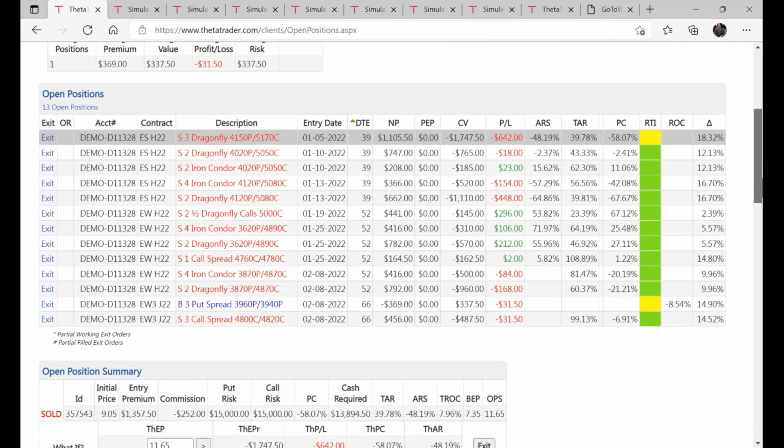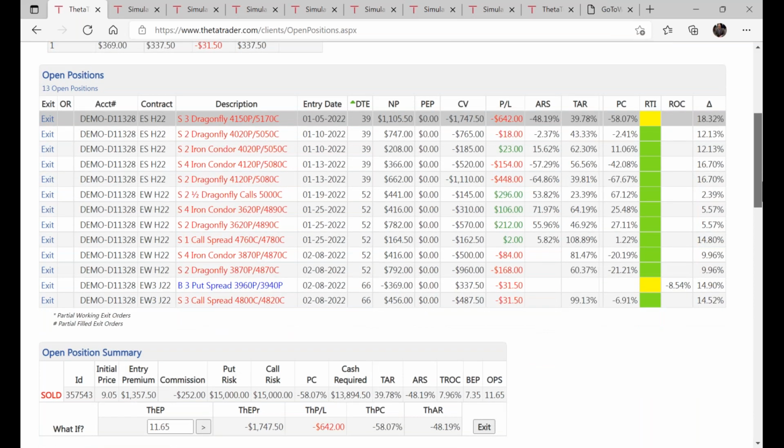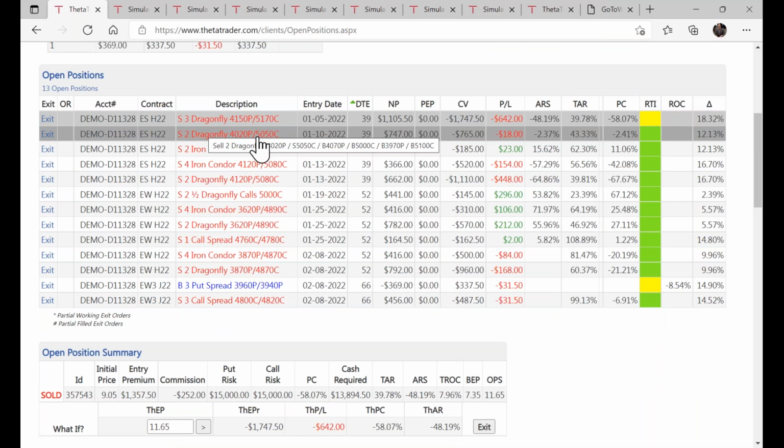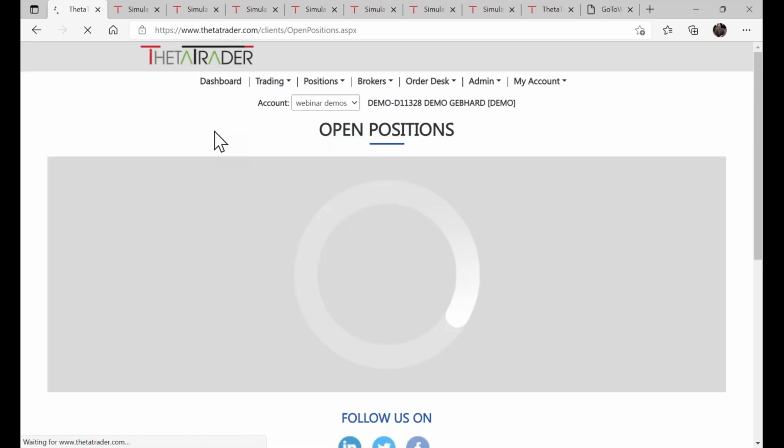And if you wanted to look at any one position, maybe you want to take a look at this Dragonfly here, the second one down. I'm hovered over, so I'll click on it. And maybe you're scratching your head thinking, what did the market look like when I placed that trade? Let me go back in time.